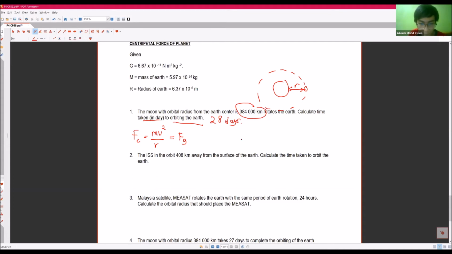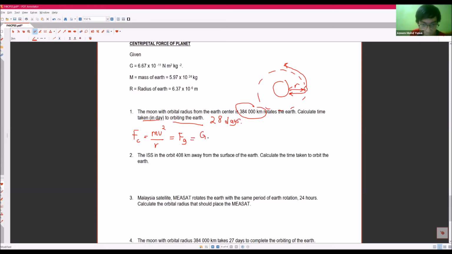Since it moves around the Earth, the centripetal force experienced by the moon is directed towards the Earth. The gravitational force on the moon also points towards the Earth. So both of these are in the same direction, then they must be the same magnitude as well.